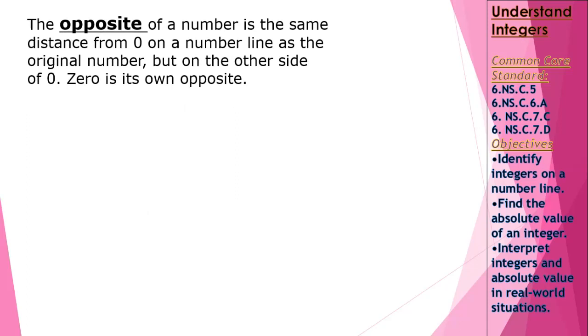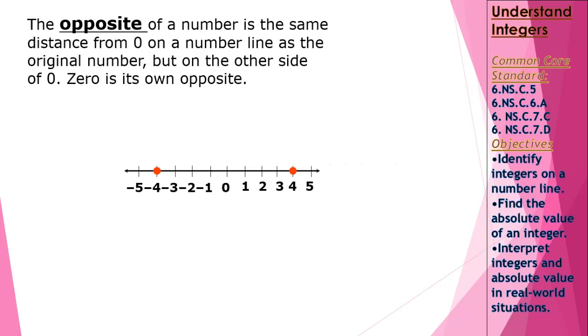On the right side, we have the positive numbers. On the left side, we have the negative numbers, as we can see here. And 0 is the original number in the middle, which means 0 is its own opposite. 0 is opposite to itself.